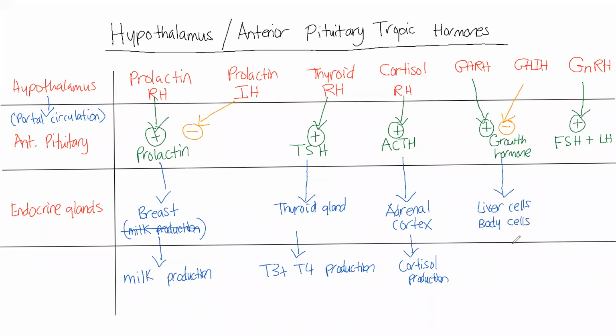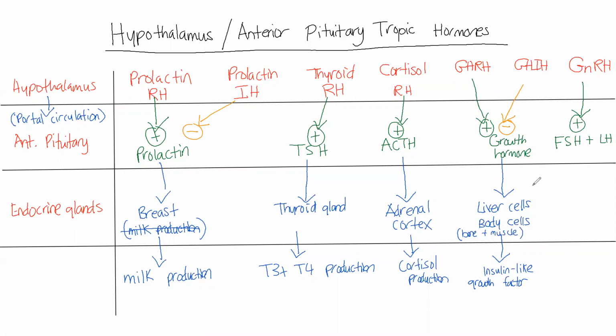So muscle cells, bone cells, etc. And those are going to increase their insulin-like growth factor, which is what allows them to increase growth. So insulin-like growth factor. Let me actually write some of those examples here. So we've got body cells, bone, muscle.